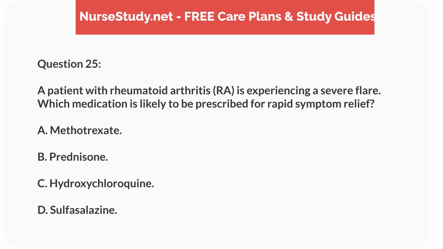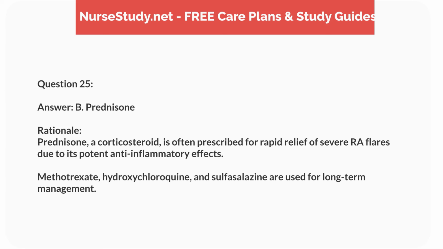D. Sulfasalazine. Answer: B. Prednisone. Rationale: prednisone, a corticosteroid, is often prescribed for rapid relief of severe RA flares due to its potent anti-inflammatory effects. Methotrexate, hydroxychloroquine, and sulfasalazine are used for long-term management.